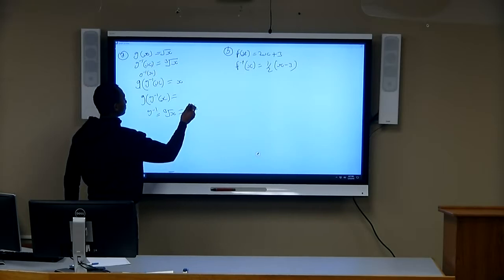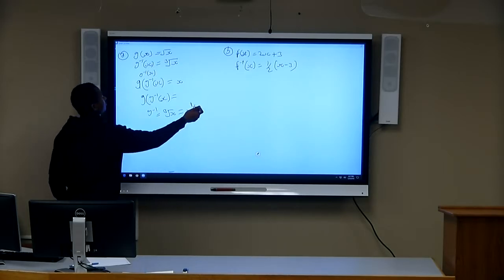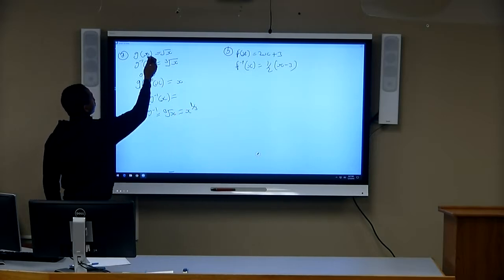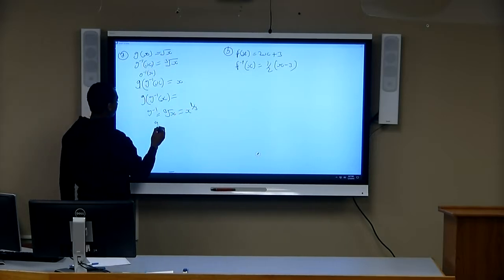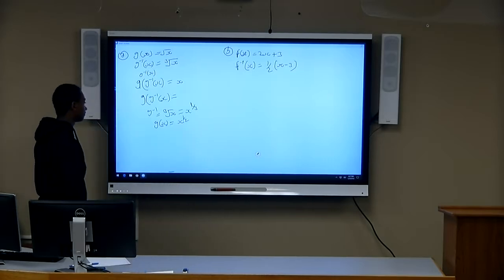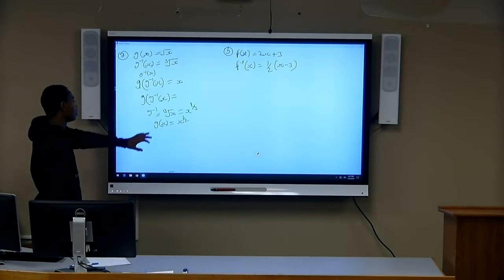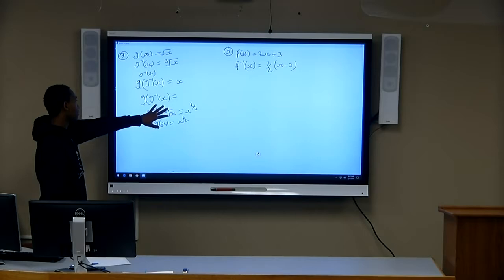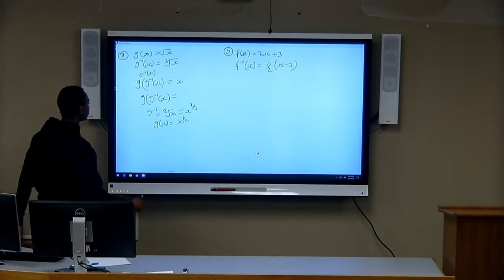It's not 2 over 3. This is x raised to the power 1 over 3. So g of x, we can write g of x as x raised to the power 1 over 2. So these two should be equal to x.